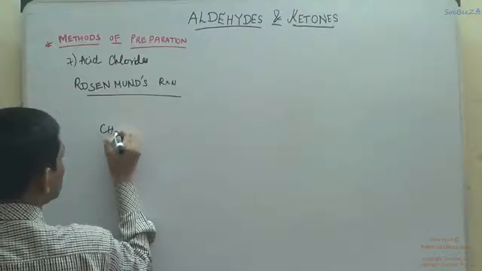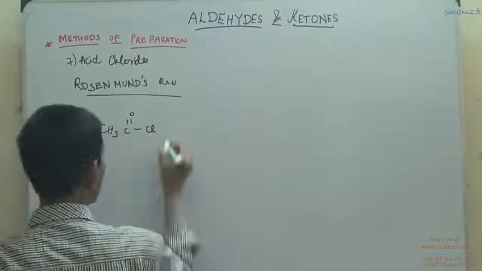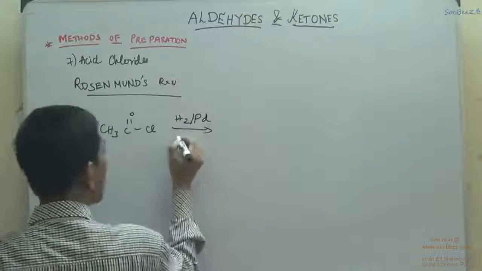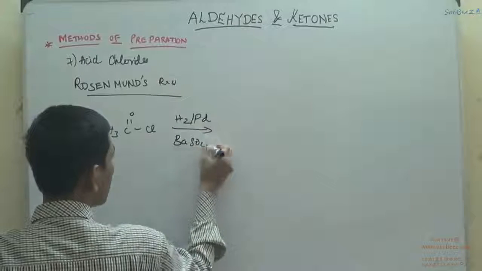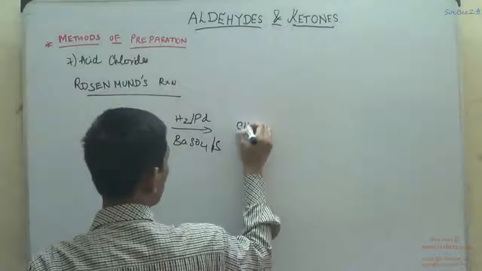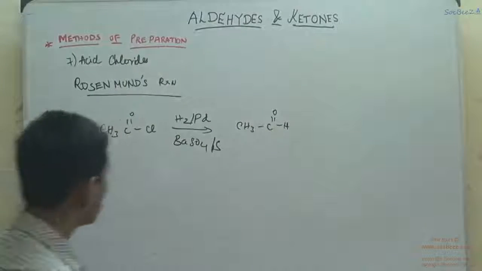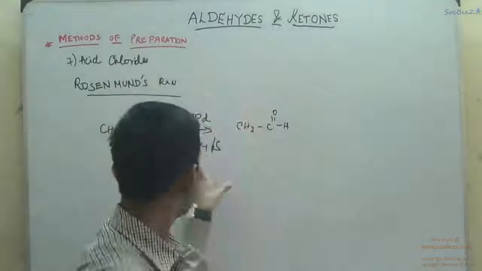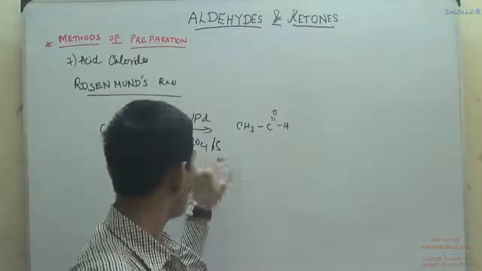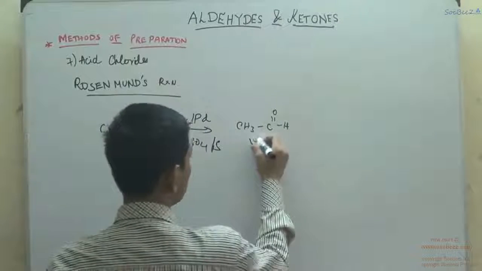In Rosenmund's reaction, you have an acid chloride, CH3COCl, you treat with hydrogen with palladium as the catalyst, BaSO4 and sulfur, and you will get your aldehyde. These are the reagents, a poisoned catalyst and all, and you will get only aldehyde as the product.